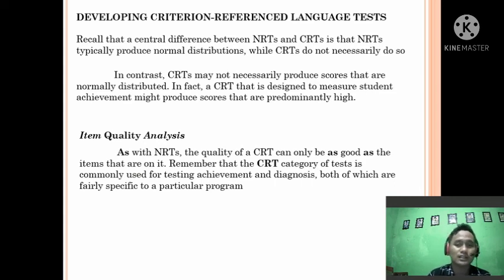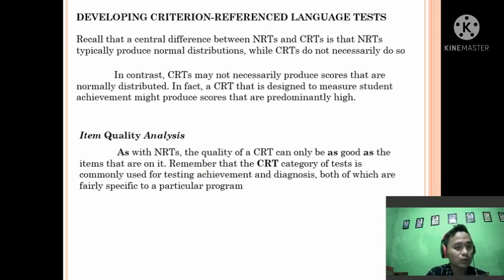It's not important, okay, this CRT. In contrast, CRT may not necessarily produce scores that are normally distributed. In fact, a CRT that is designed to measure student achievement may produce scores that are predominantly high.